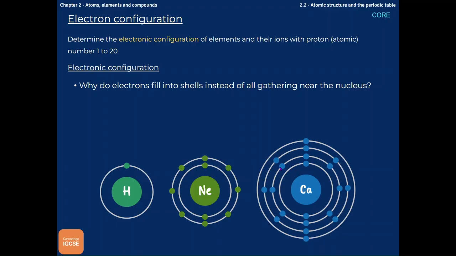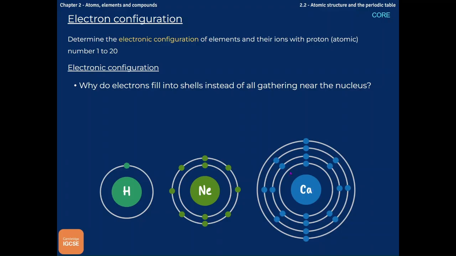And then as we add more, they would like to be closer, but it would actually take more energy for them to be closer to the nucleus than to sit a little bit further out and occupy this space, right? So it's actually easier for the electrons to sit a little bit further out because they're being repelled by these other electrons that are closer to the nucleus, right?